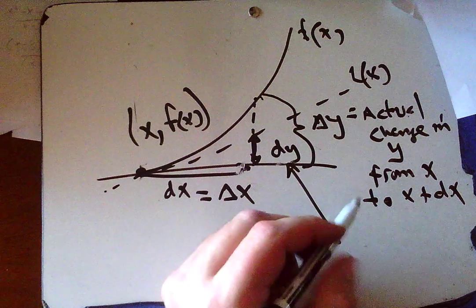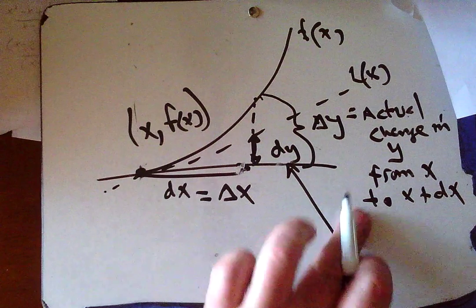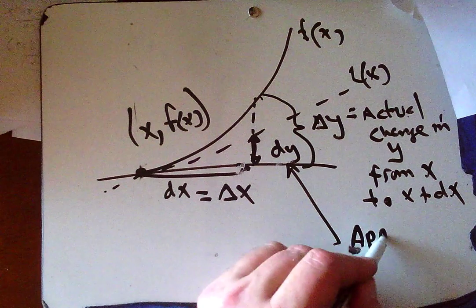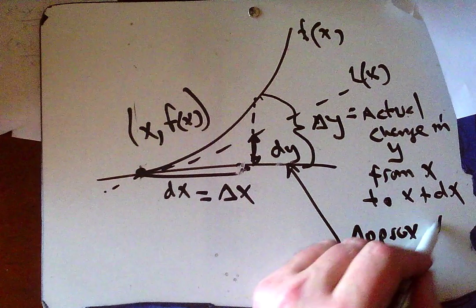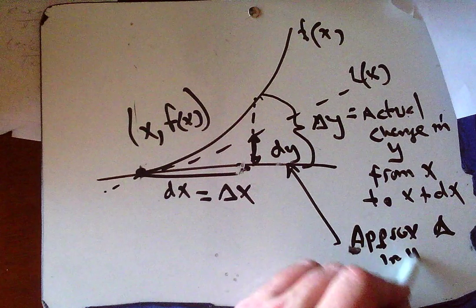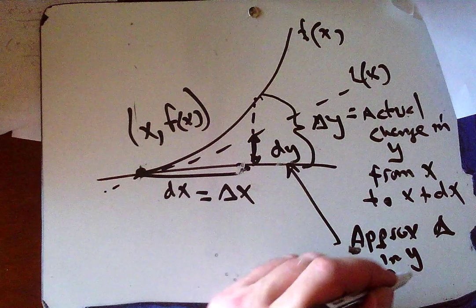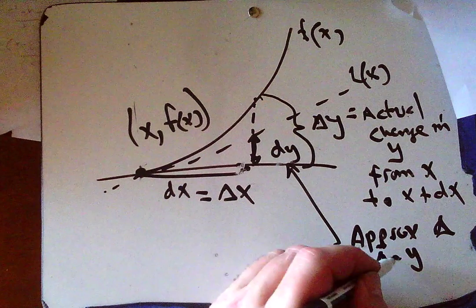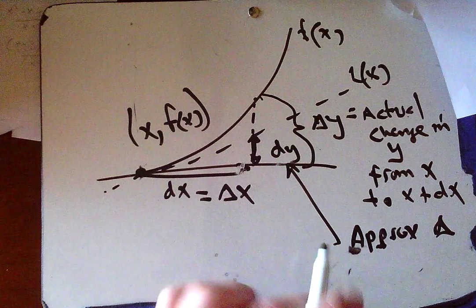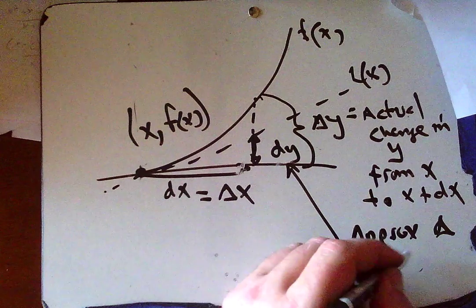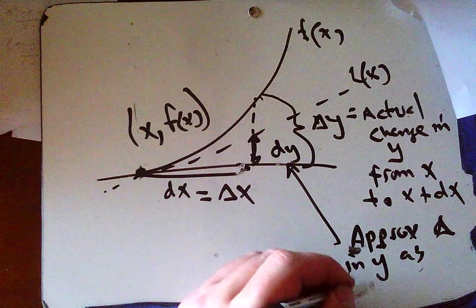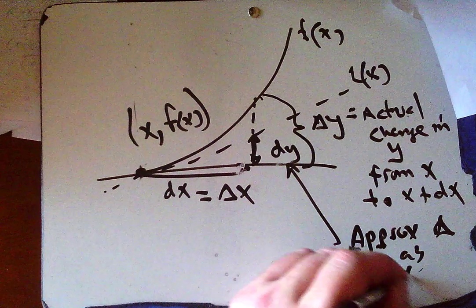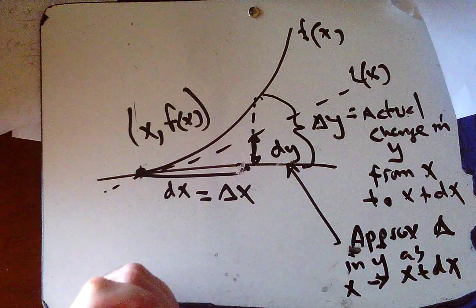Whereas dy is the approximate change in y as x goes to x plus dx.